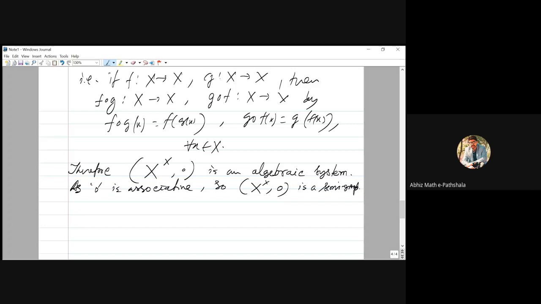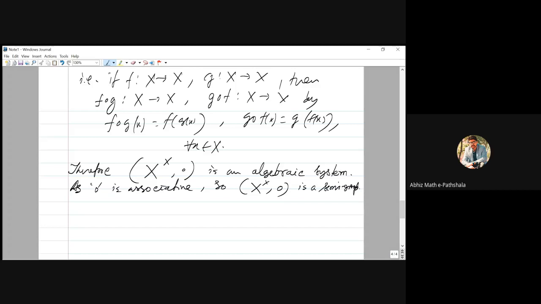Now you need to check whether it is a monoid or not. That is, you need to find out an identity for this algebraic system. Now what will be the identity? Now you know that for any set X, there is a map from X to itself. What is that? That is the identity map.